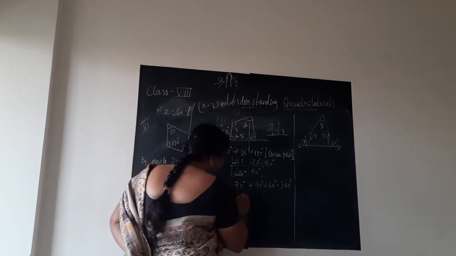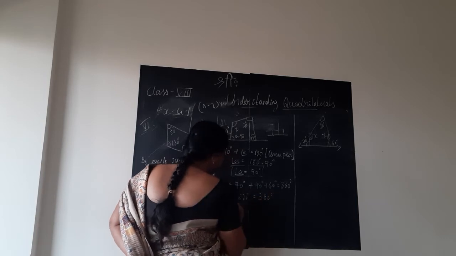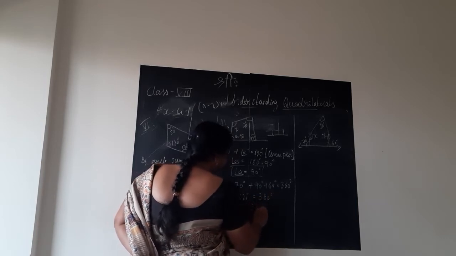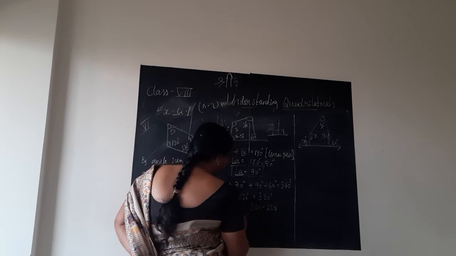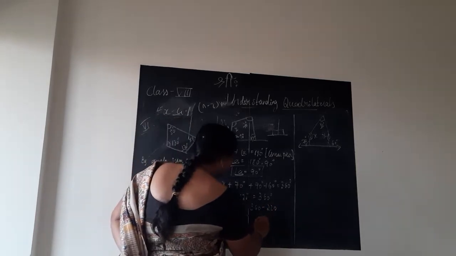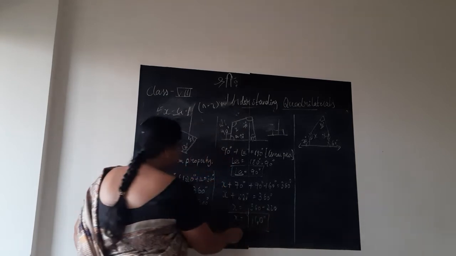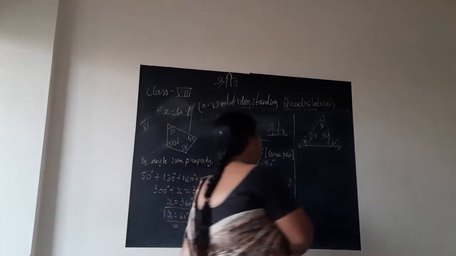So x plus 220 degree is equal to 360 degree. X is equal to 360 minus 220, means x is 140 degree. Like that you should find out.